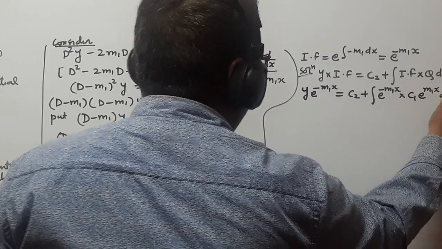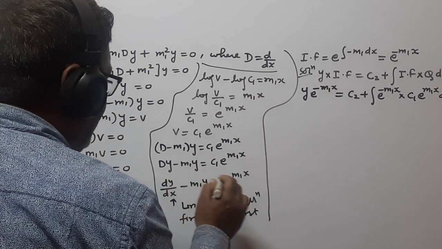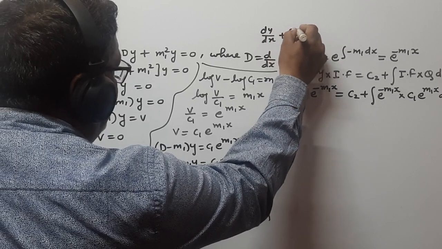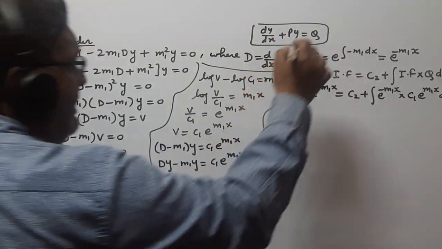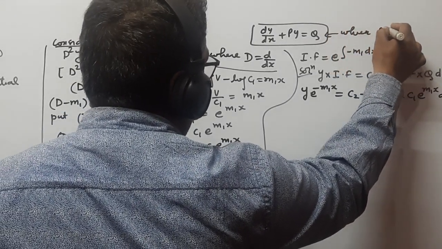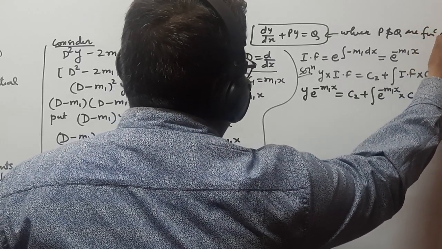You can see here this is q, because we compare with the given differential equation dy by dx plus py is equal to q, where p and q are functions of x only.